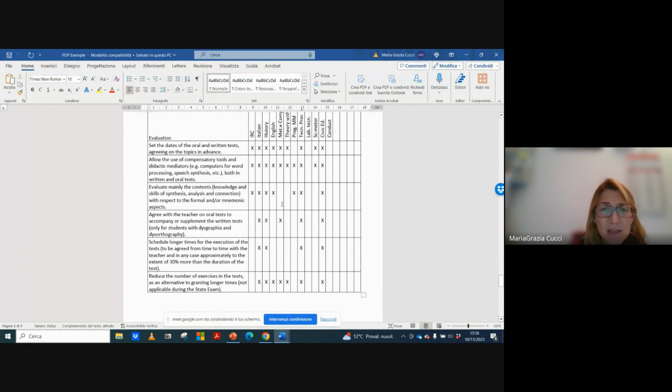So maybe in this situation you can use a different way of evaluation. That's to say, for instance, agreeing the date of the written test to give the opportunity to the student to use the short-term memory and not the long-term memory.